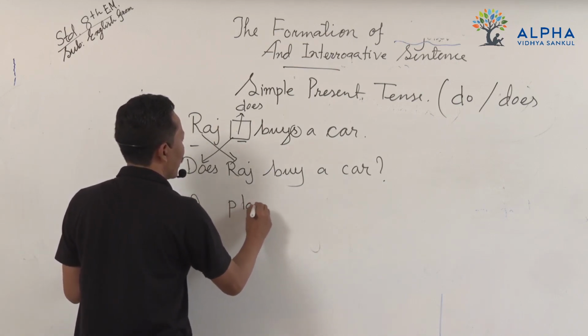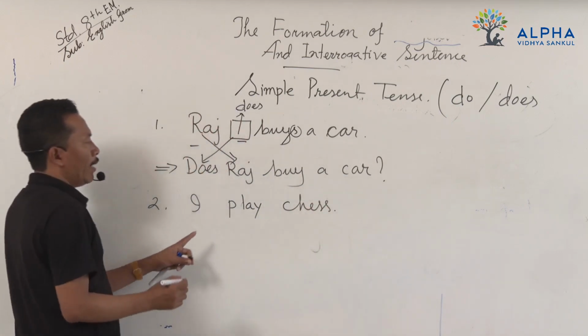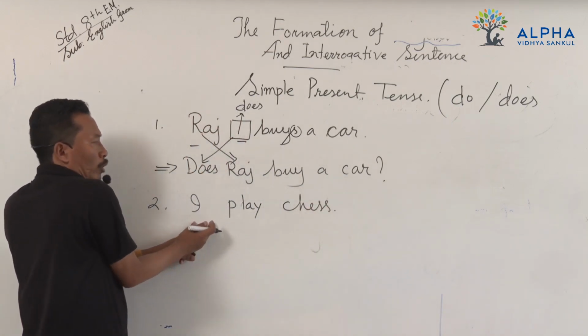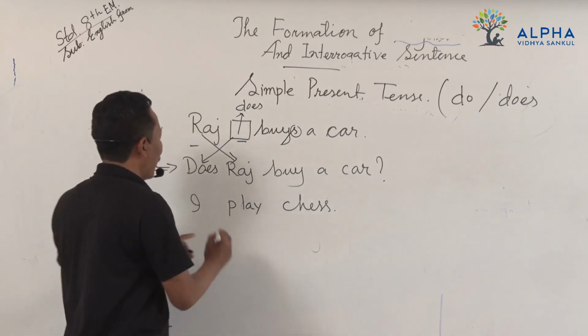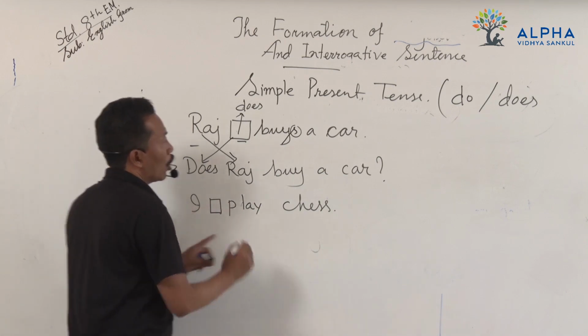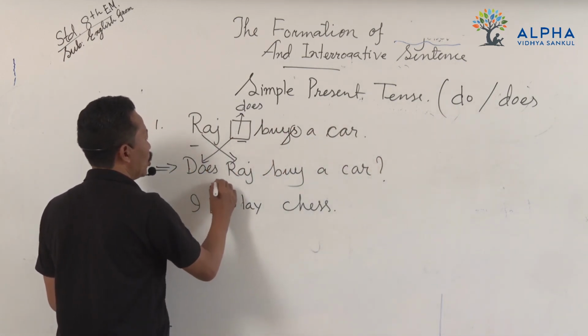Okay? Now again, I play chess. Here there is no auxiliary verb. You have to say this is the simple present tense, and you have to think here is do or does. Here it is do.